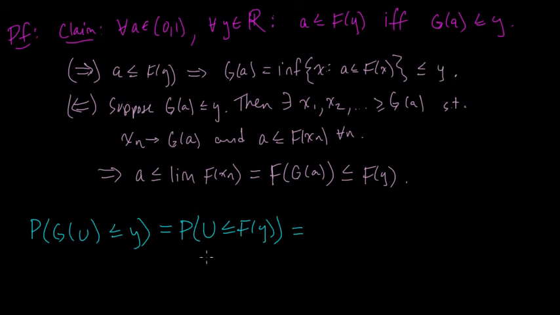And then just like before, this is the CDF of u evaluated at f of y. If we called that h before, let's call it h again. f of y is always in the closed interval from 0 to 1, and so this CDF evaluated at that point is just the point, so it's just f of y.